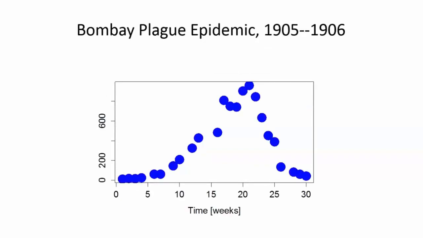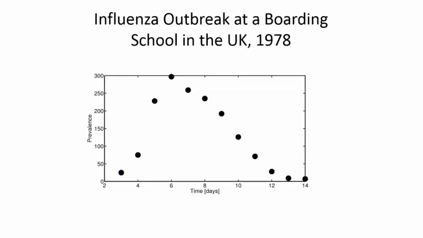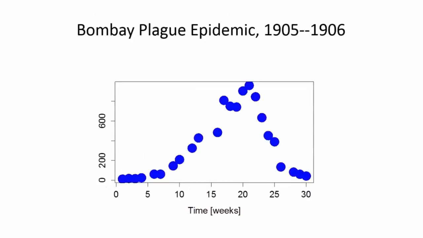Here's another example, again on the horizontal axis is time, and those units are now in weeks. In the previous example, the measurements were taken every day. Here the scale for the horizontal axis is in weeks.